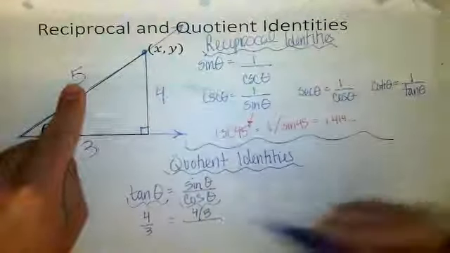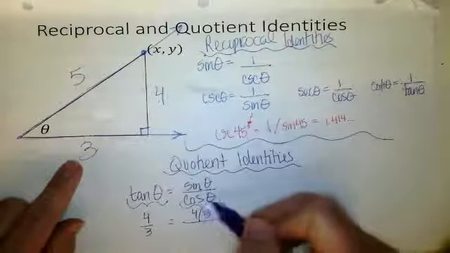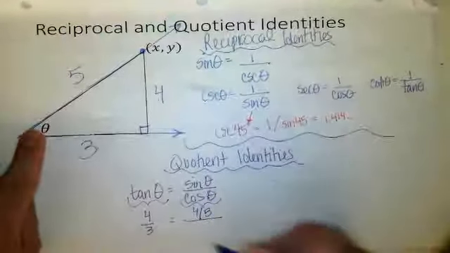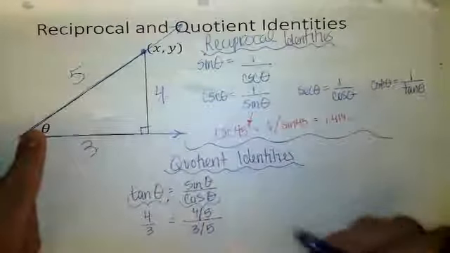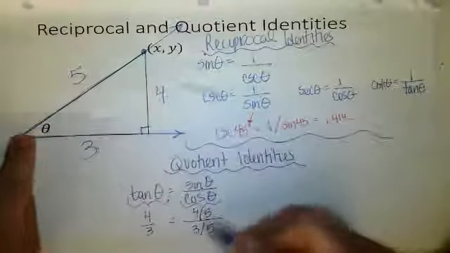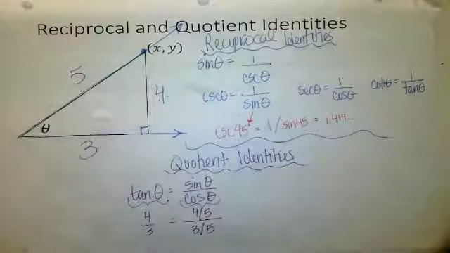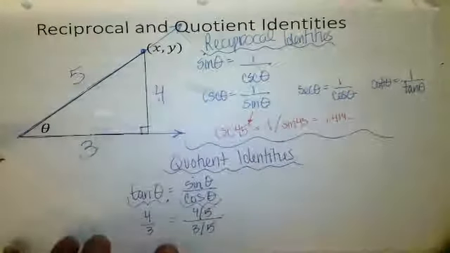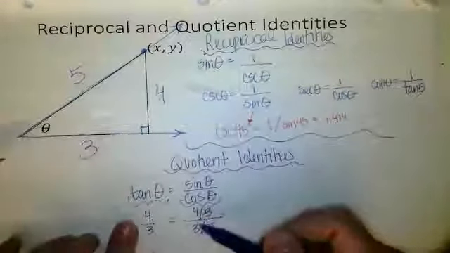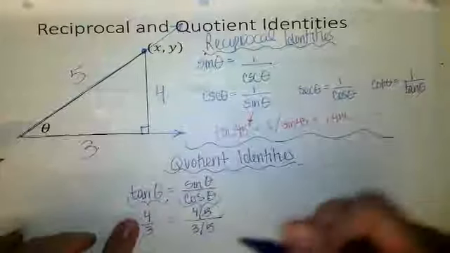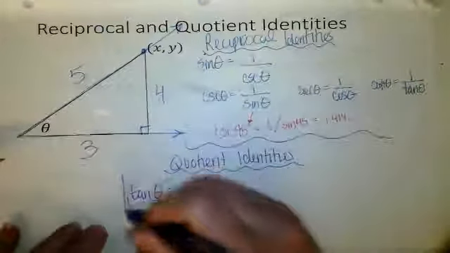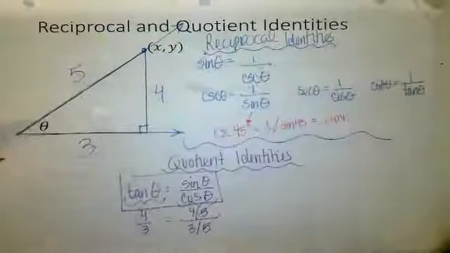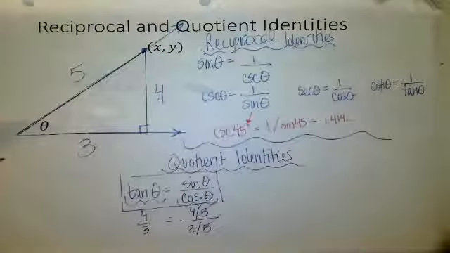And the cosine ratio? 3 over 5. The 5s cancel out, and we're left with 4 thirds equals 4 thirds. So you can see it proves itself pretty easily with numbers.